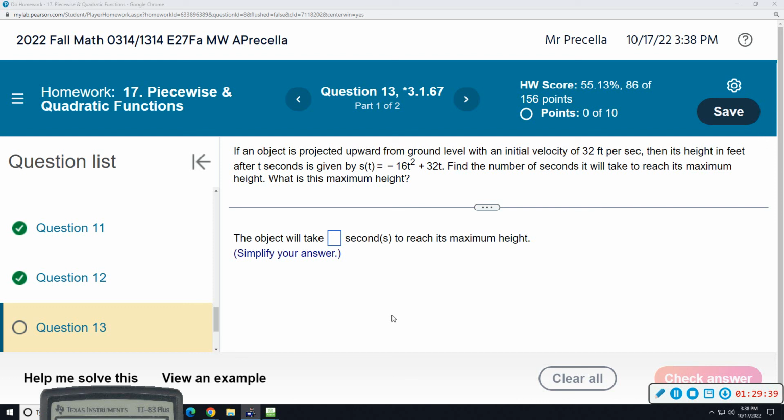This is called a position function. It's going to be telling us how high that object is at any given second. T stands for seconds. While we're using a T, it's time. Negative 16t squared plus 32t.